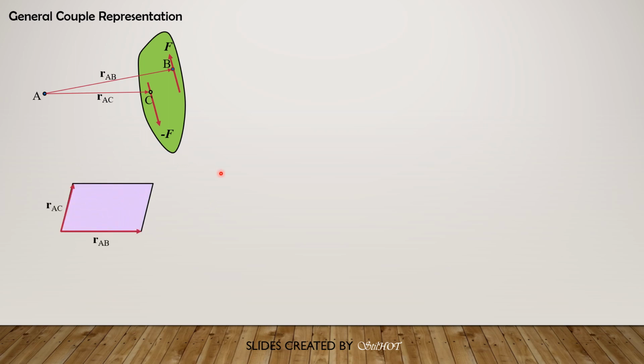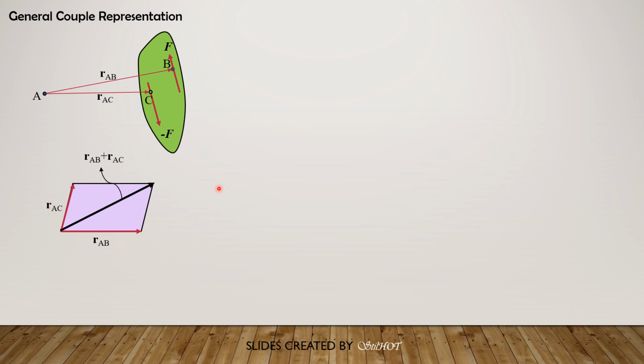Remember that from the first part of statics, the main diagonal of the parallelogram is simply the sum of these two vectors. I hope you remember that in our preceding lectures. Then the other diagonal is represented by the difference of these two vectors.